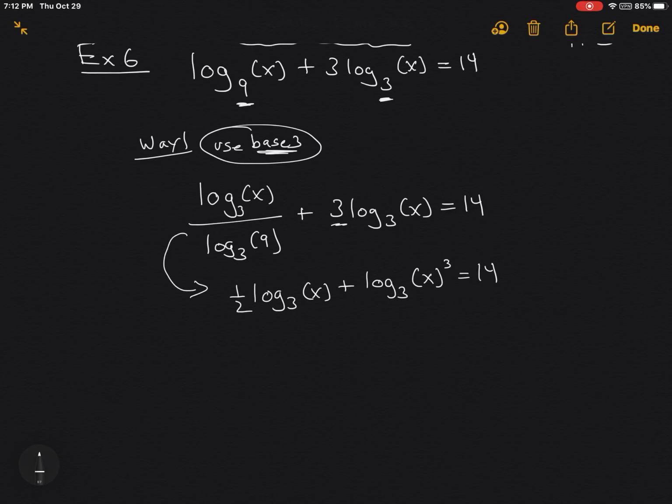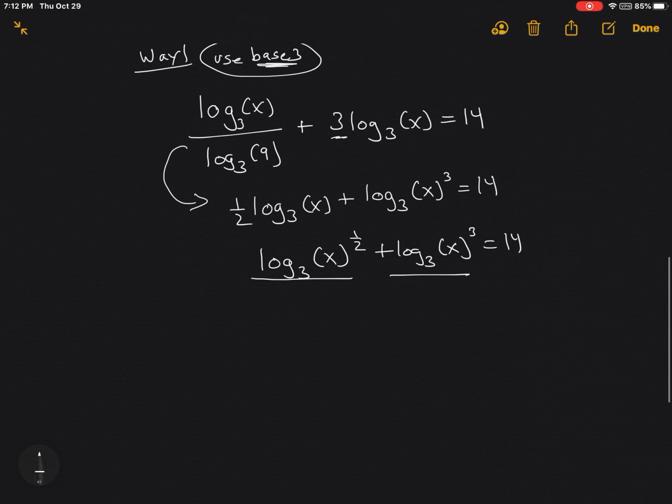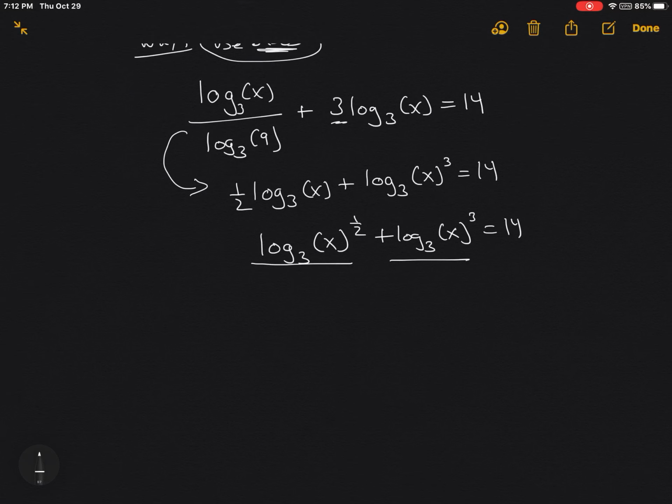Okay, so hopefully you saw how I got from here to here. Log base 3 of 9 is 2, and so that just becomes 1/2. And now this 1/2 is going to go on top on this next line, to the 1/2 plus log base 3 of x cubed. Now notice I have the same base and I'm adding 2 logs, right?